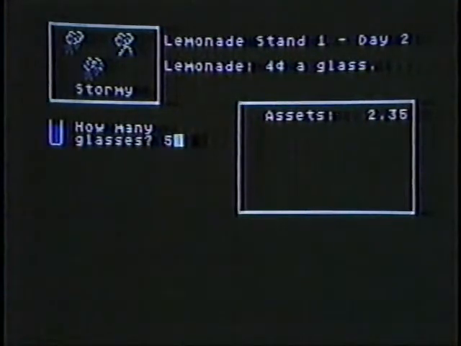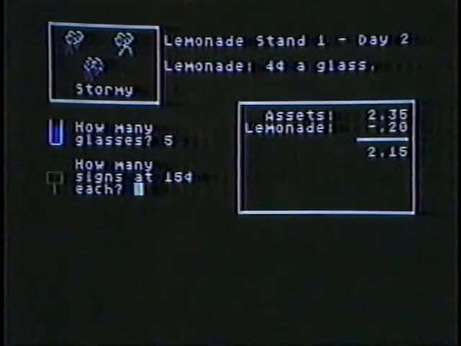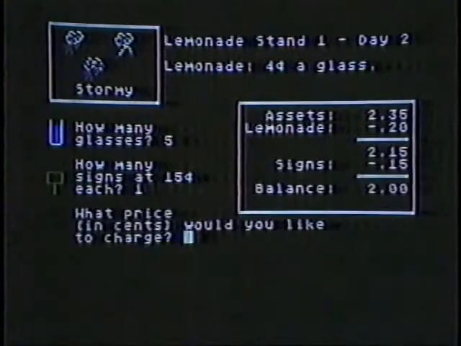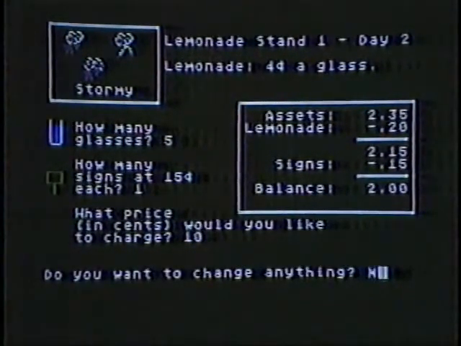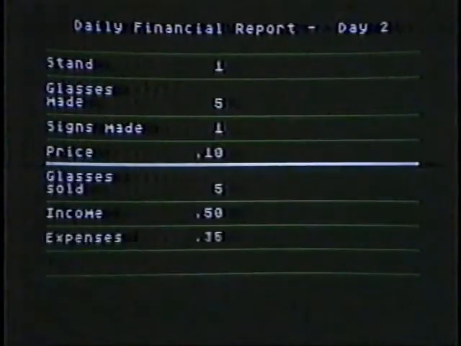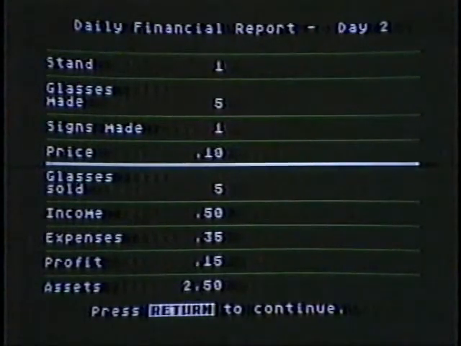So you could actually run several of these lemonade stands simultaneously? Well, that's another advantage of many simulations. They're very good for working with a group. A number of children in the class can use the program at the same time, each child looking after a different lemonade stand. Okay, and what was the third type of simulation? Working through a process? Right.